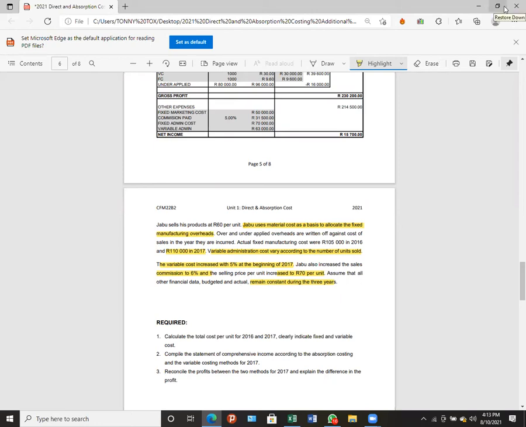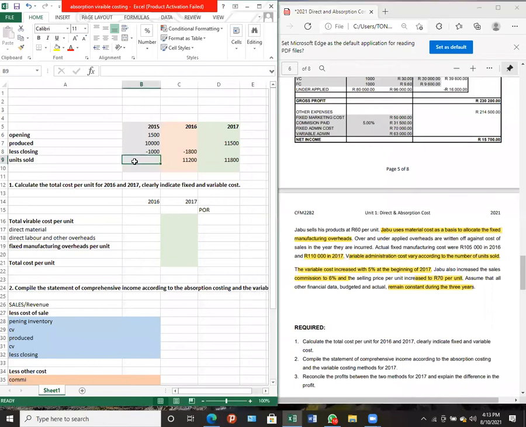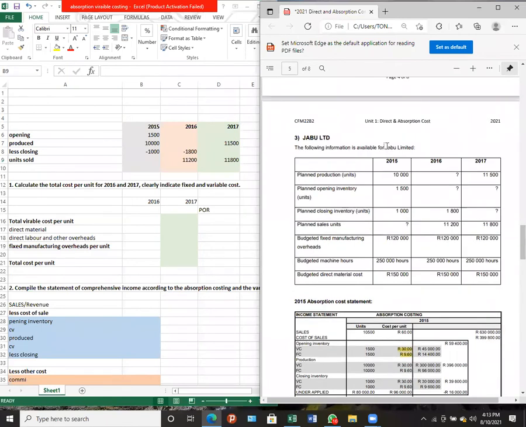Okay, guys. Here is the formula to calculate the units sold. Because if you go up, we've been provided with the missing information, and to complete the statement of comprehensive income we're going to need those figures.